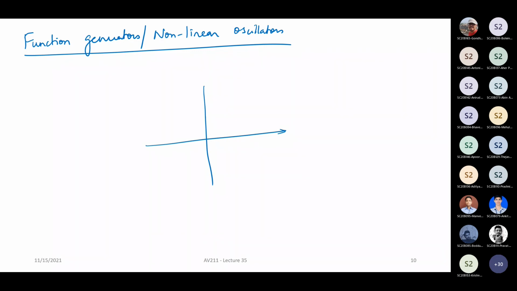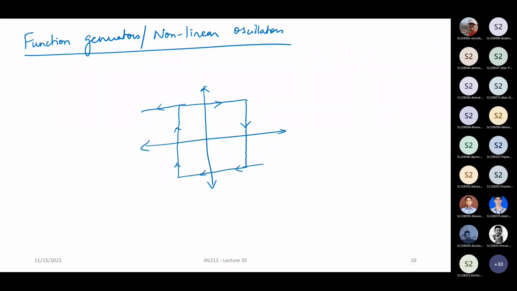Once the level reaches a low value, it will turn on, and once it reaches a little higher value, it is going to turn off, something like this. This is the Schmitt trigger.